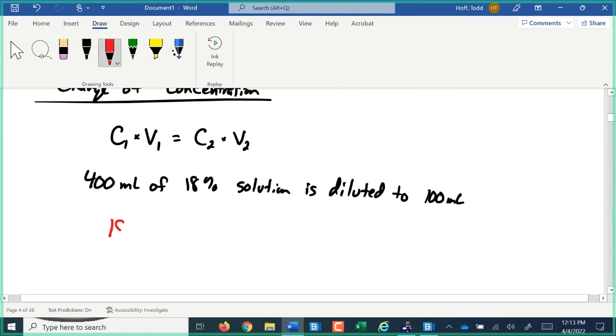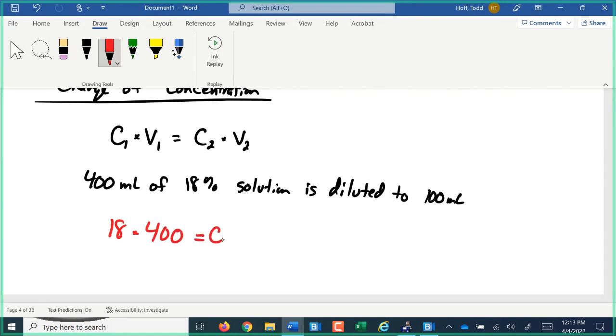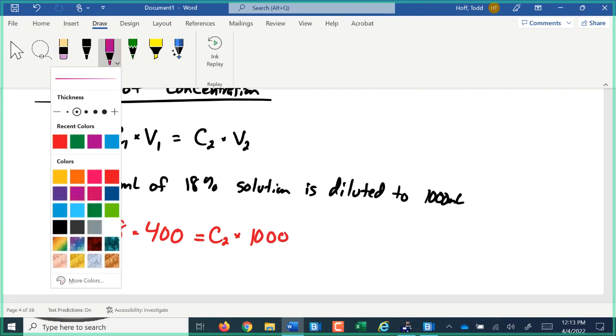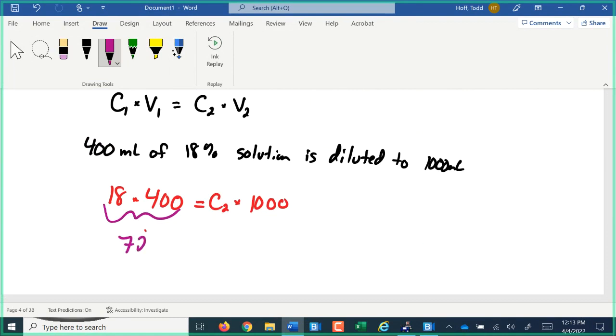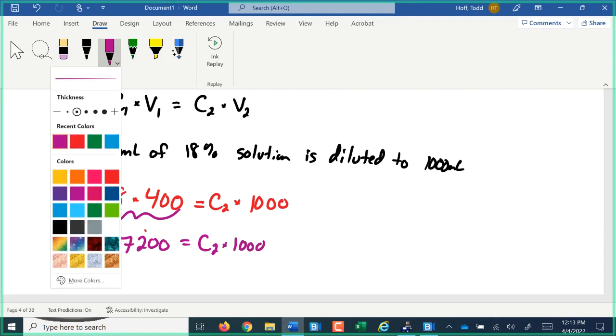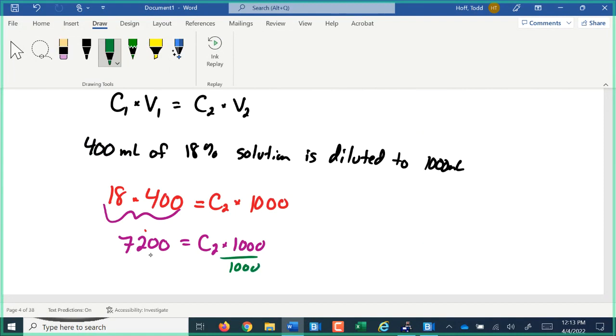We started out with 18% times 400 milliliters equals our new concentration times 1,000. Multiply the 18 times 400, 7,200. We divide by 1,000 to get our concentration. 7.2%, that's the new concentration.